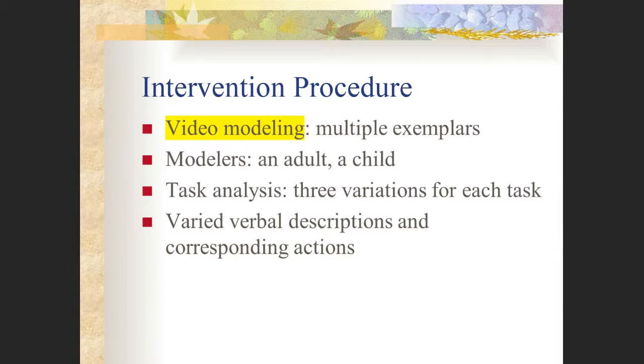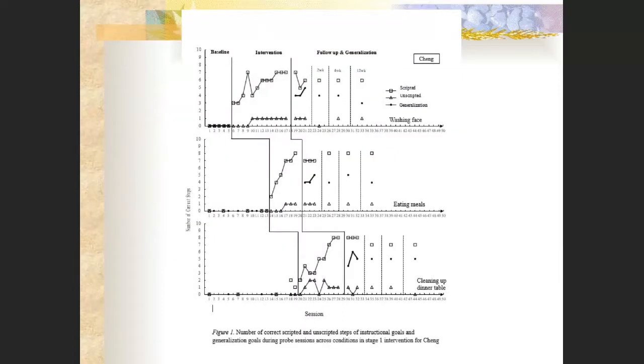For example, washing face, right? People have different steps for washing face, so we have 3 variations in these tasks. And also the verbal descriptions and the corresponding actions, we also have variations for each task. So in other words, we don't model the same things over and over. We have different variations in our exemplars when we show them the videos.